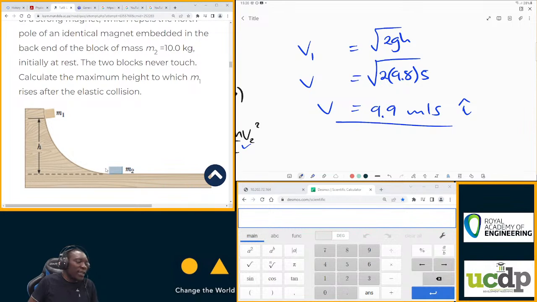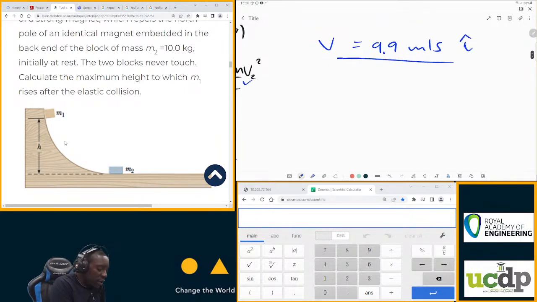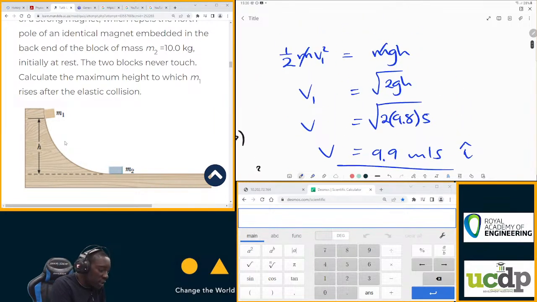Since it is frictionless, we can use the rebound kinetic energy to find the height, using the fact that if there is no other loss of energy, then all the kinetic energy will be converted to potential energy when the block reaches its maximum height. So we have a V final, and this was V initial.